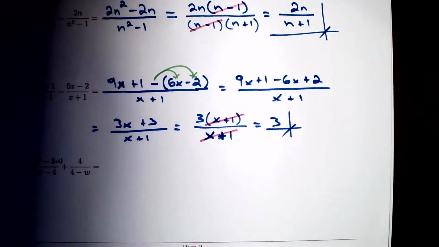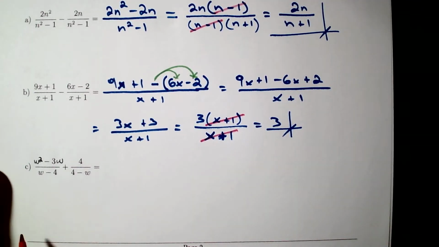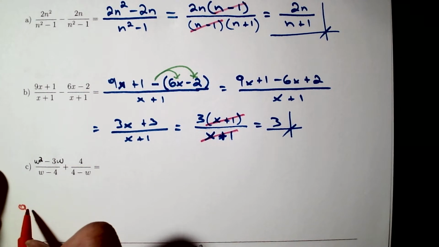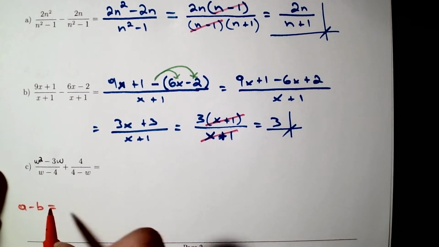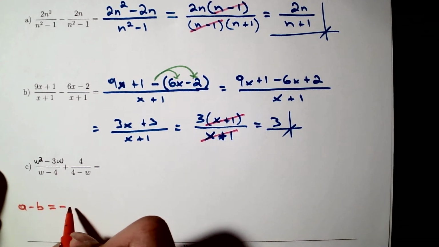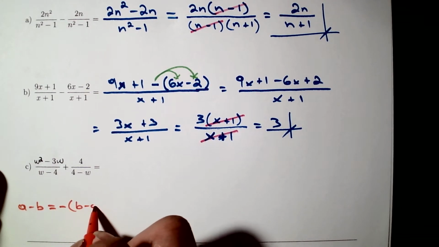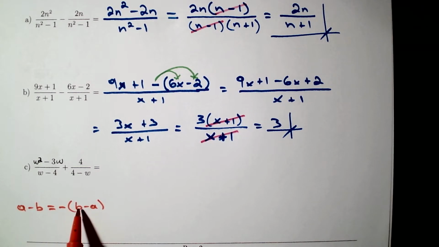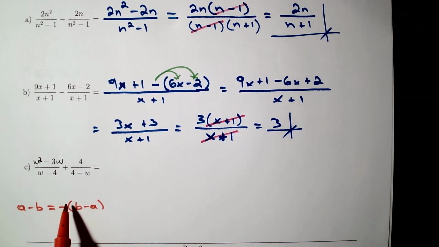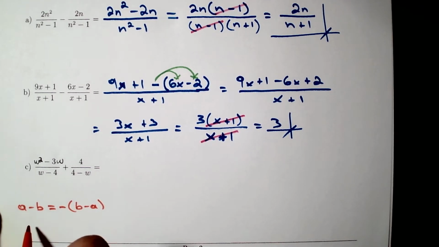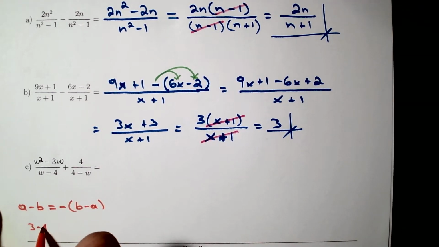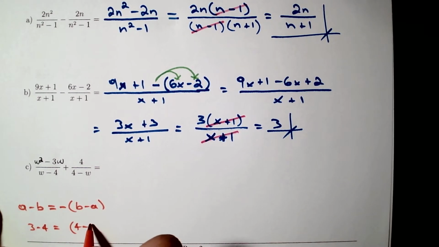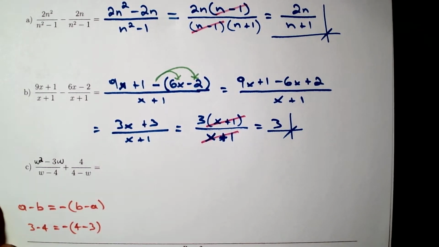Keep in mind that a minus b is equal to negative b minus a. So all we're doing is reversing the order of the terms, but putting a negative sign in front of it. For example, 3 minus 4 is equal to 4 minus 3, but with a negative sign in front of it.